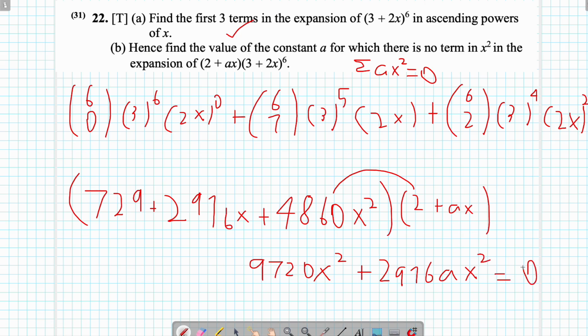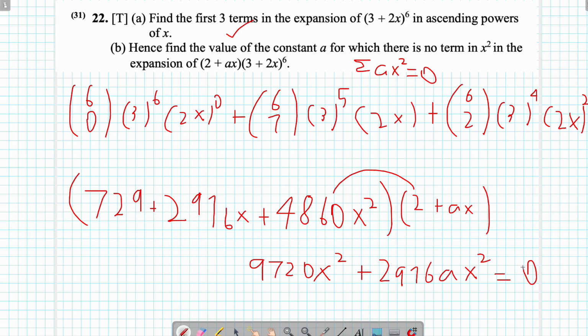Then we're going to plug this into the calculator, but instead of x squared, you can substitute x by any number. Let's say 1 to make it easier. So 9720 times 1 squared plus 2916 times 1 squared times a is equal to 0.